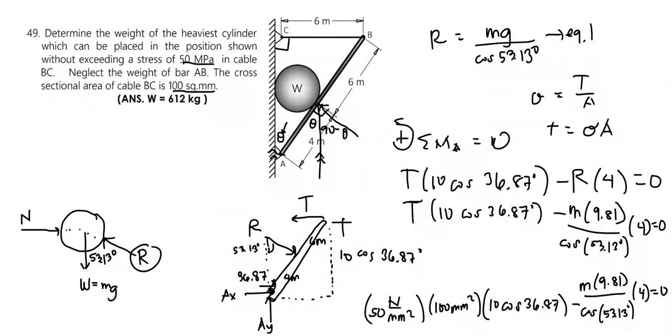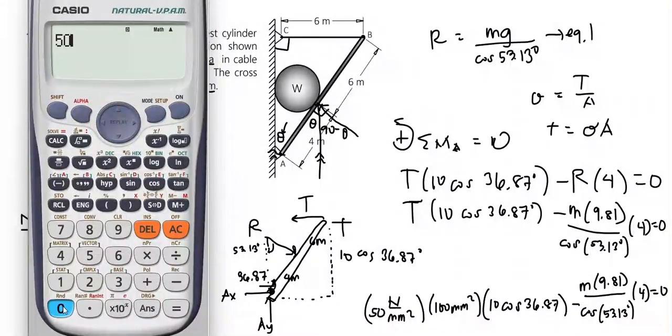Now we have a single equation with one unknown. We can solve for m. So we have 50 times 100 times 10 cosine of 36.87 degrees minus m times the gravitational acceleration divided by cosine of 53.13 degrees times 4, which is the moment arm distance, equal to 0.